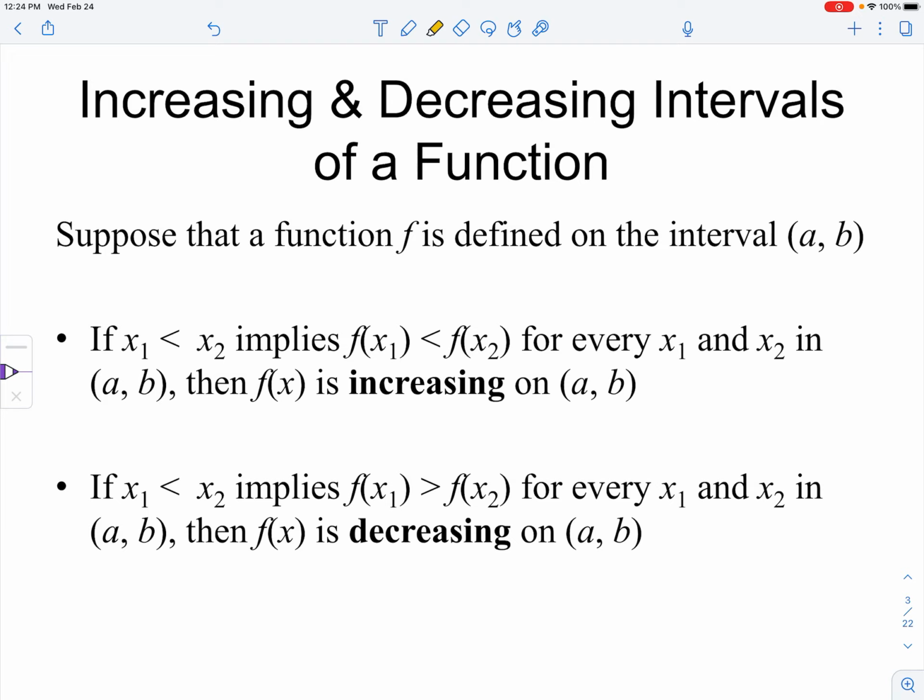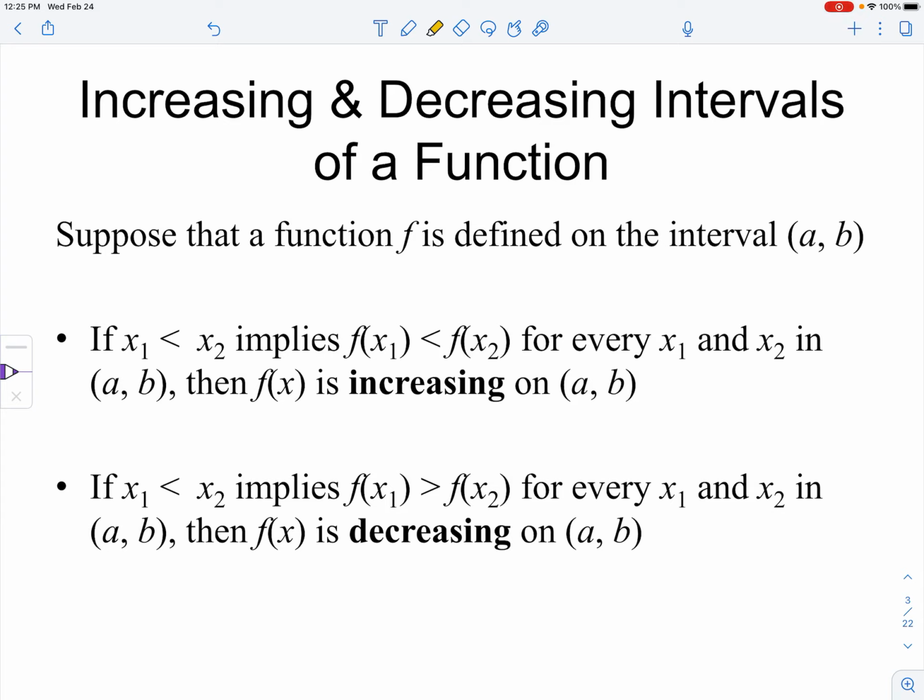What that really says is if you were to choose any two x values on the interval from a to b, and one of those x values would be less than the other x value, and the outputs that correspond to those x values, so the y coordinates, have the relationship that the y coordinate that corresponds to the first x coordinate is less than the y coordinate that corresponds to the second x coordinate, then the function is said to be increasing on that interval.